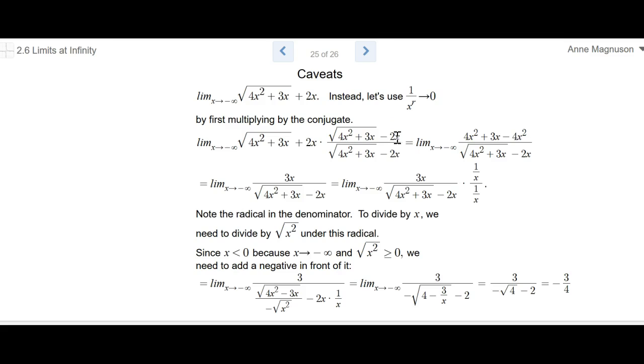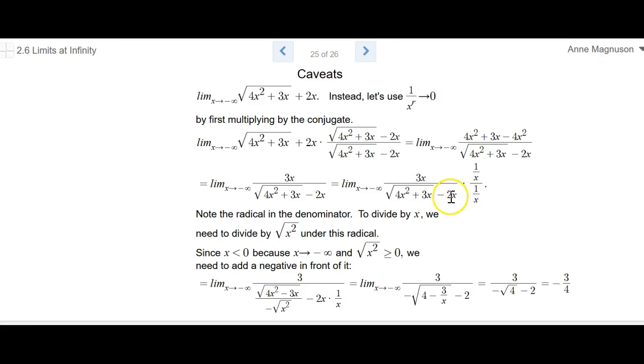So when I do that, the radical is eliminated in the numerator, and I end up with 3x in the numerator. And now I have a denominator. So again, I have x in every term. I can't just go plugging in an infinity. I'm going to use that trick.